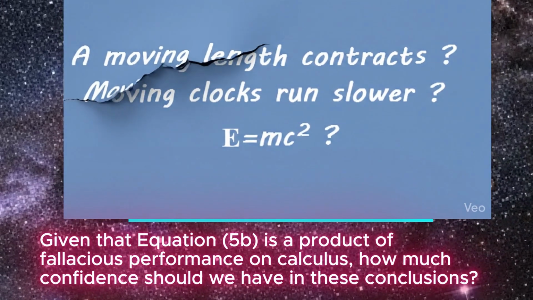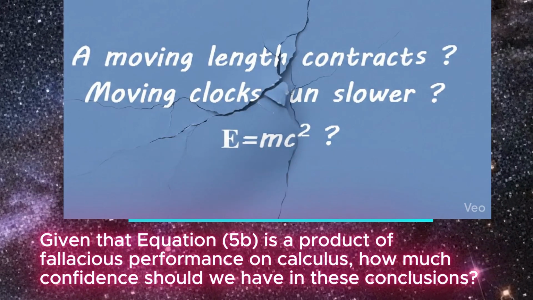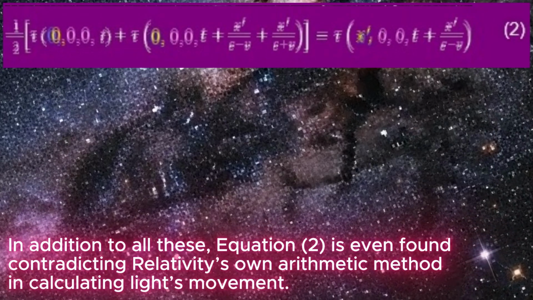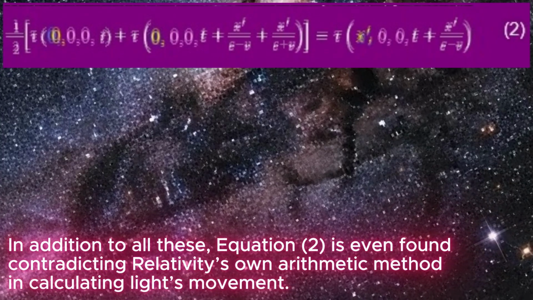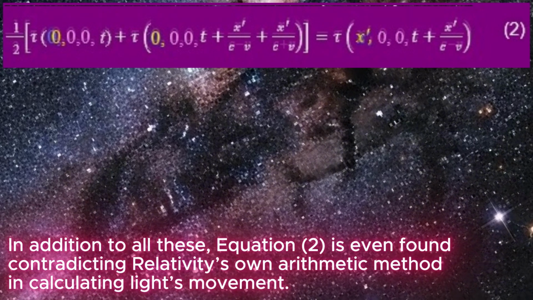Given that equation 5b is a product of fallacious performance on calculus, how much confidence should we have in these conclusions? In addition to all these, equation 2 is even found contradicting relativity's own arithmetic method in calculating light's movement.